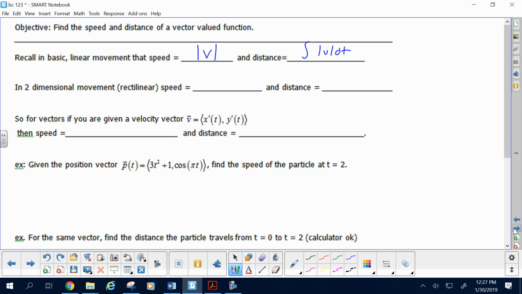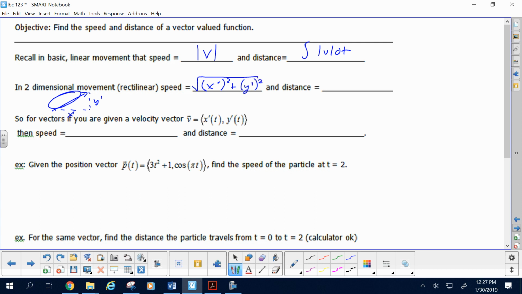In two-dimensional movement, it's the same thing, except I have horizontal and vertical change, and I really want how it changed, period, and so that means a hypotenuse kind of calculation. Speed is the rate at which it's changing horizontally and the rate at which it's changing vertically in a Pythagorean theorem kind of calculation.